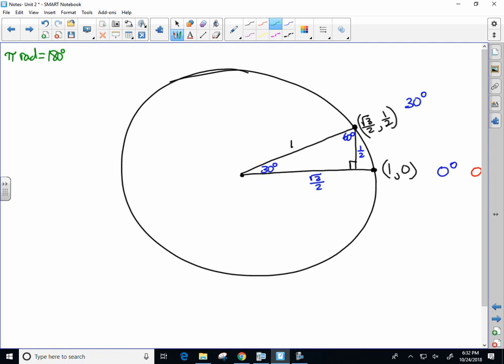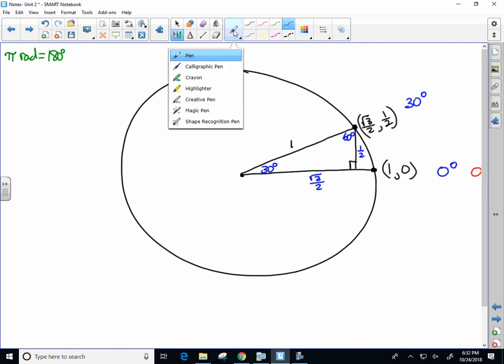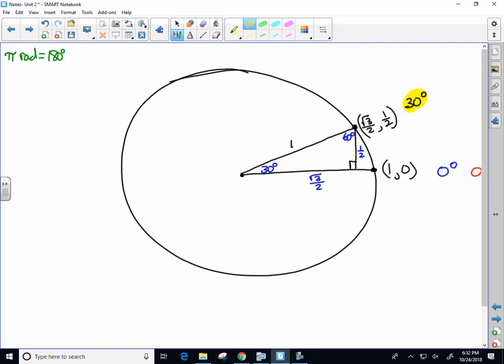So how's that useful? Well, I could just do a quick quotient here. We're looking for 30 degrees. So I can make 180 into 30 by dividing by 6.